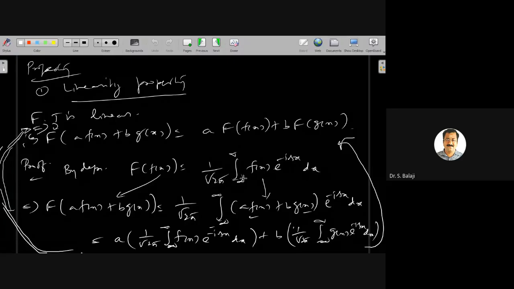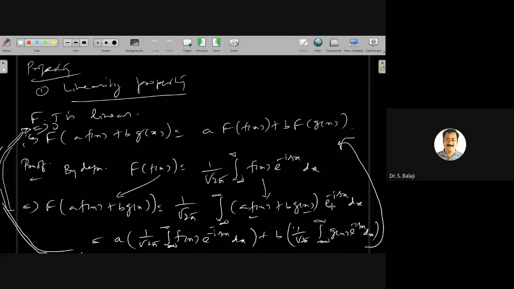This implies the Fourier transform of a f of x plus b g of x is obtained by replacing f of x in this definition by a f of x plus b g of x.